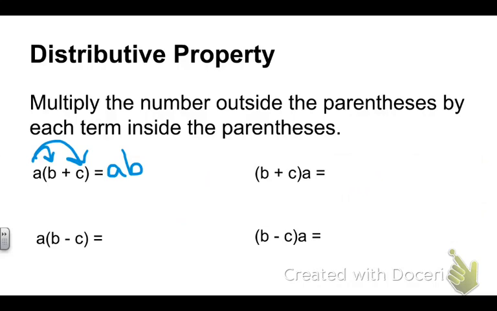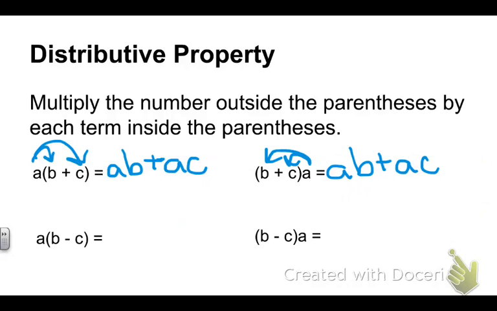And now take a and multiply it by c. A times c is simply ac. It's being added, so it's a positive there. It's the same thing. A times b is ab, and a times c is ac. It doesn't matter what side of the parentheses that variable is in.